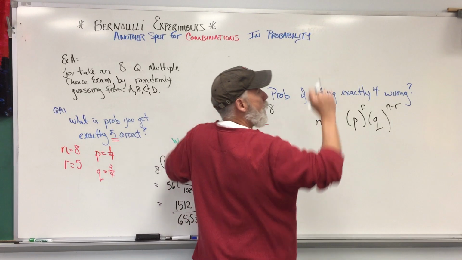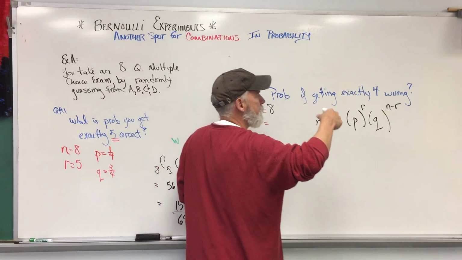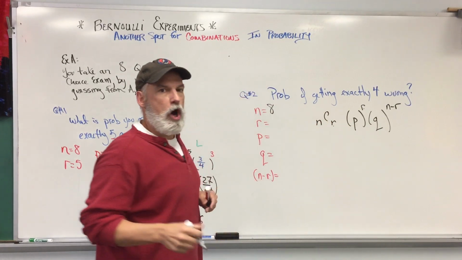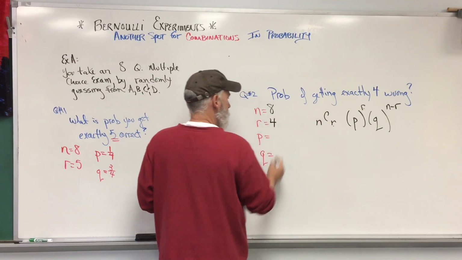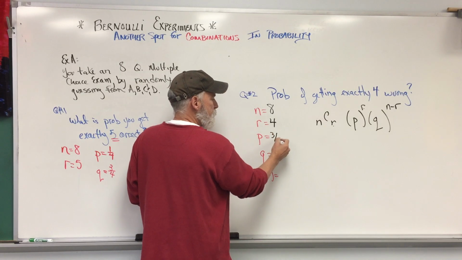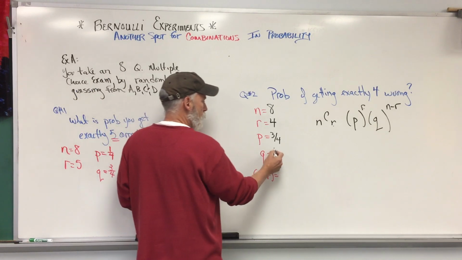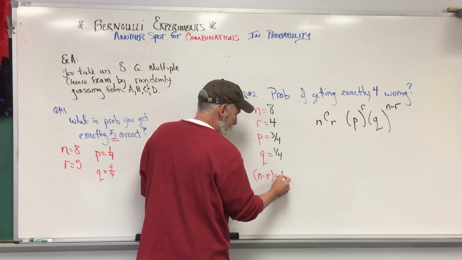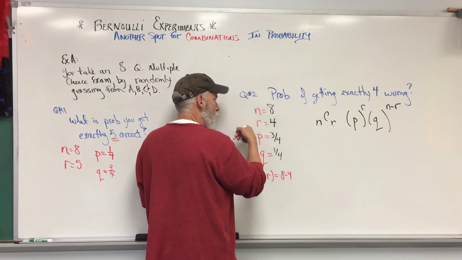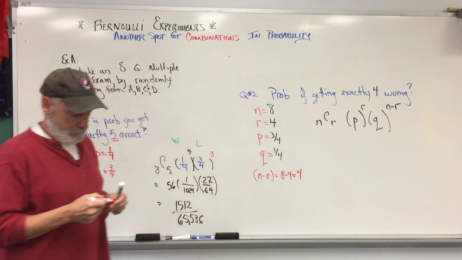In this case, quote, winning is getting it wrong. We're asking about the probability of exactly 4 wrong. So 4 wrong is the outcome you're looking for. So wrong is 3/4 because there's 4 guesses. 1 of them's right, 3 of them are wrong. And this is 1/4. And in this case, 8 minus 4, if you were wrong 4 times, then you must have been correct 4 times.